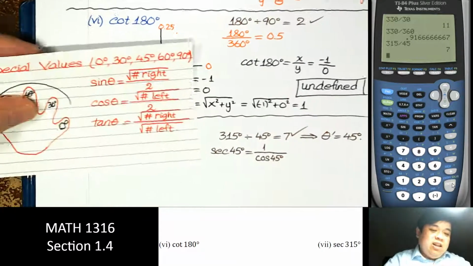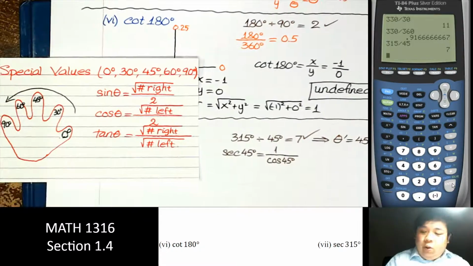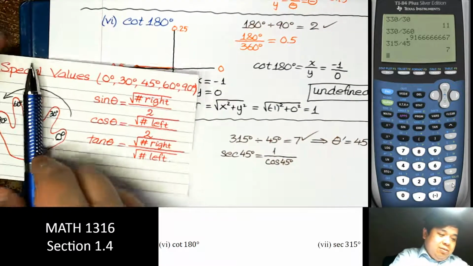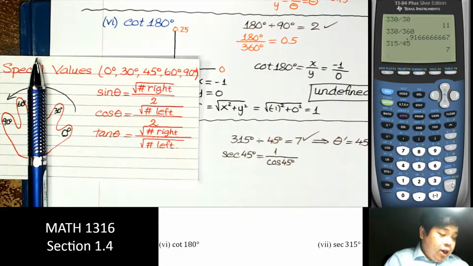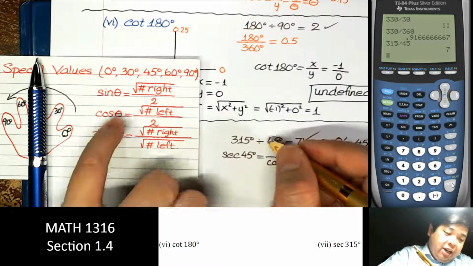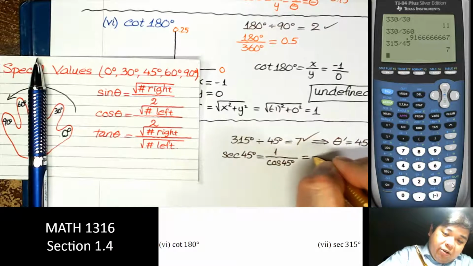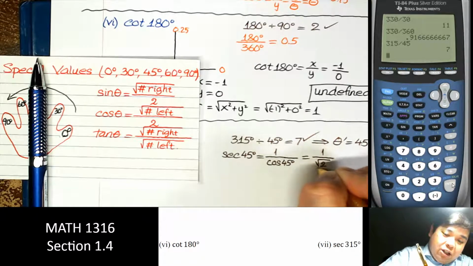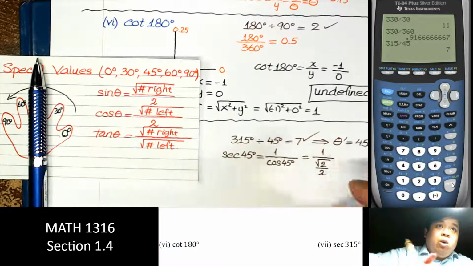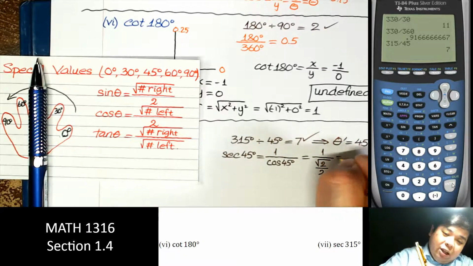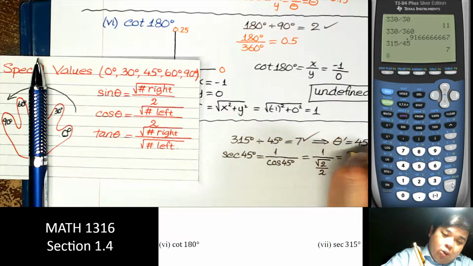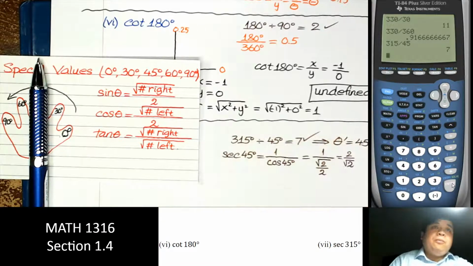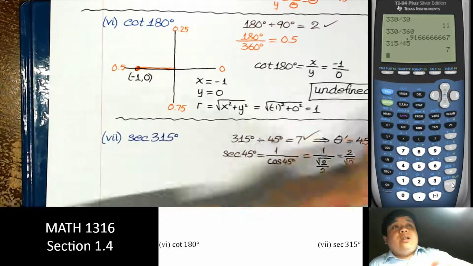Back to the hand. 45 degrees, middle finger. 2 fingers on the left, 2 fingers on the right. And the cosine is the number of fingers on the left, divided by 2. Flip this. We have 2 over square root of 2. So those are the values.